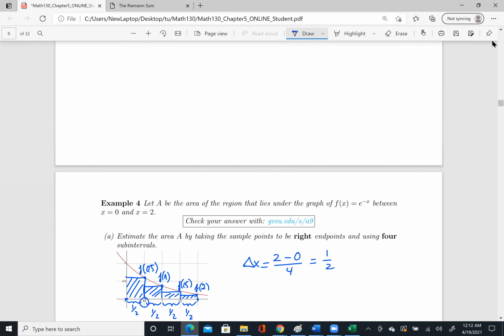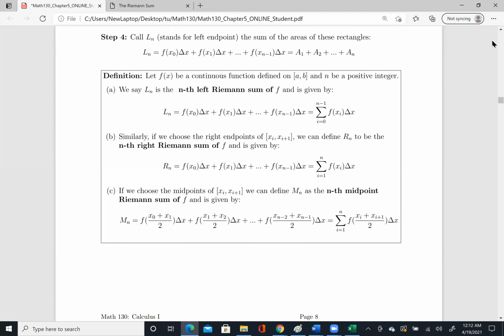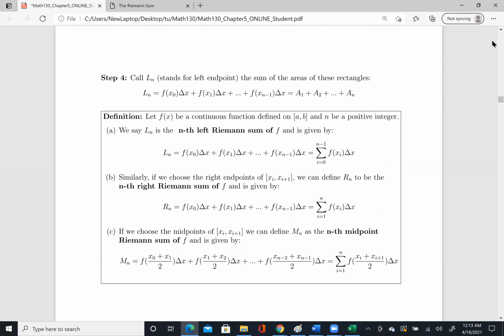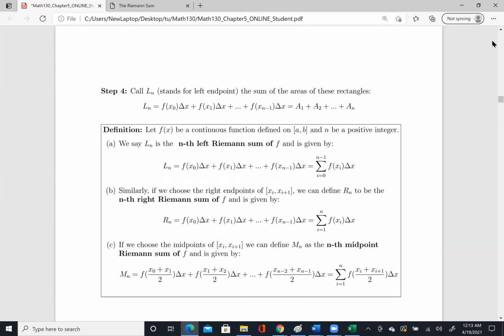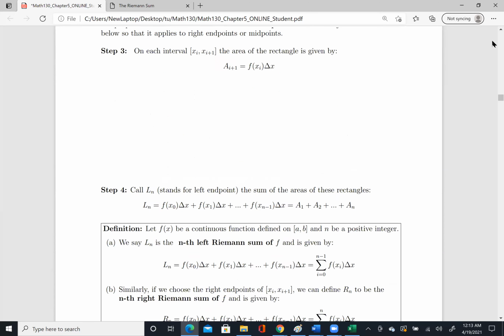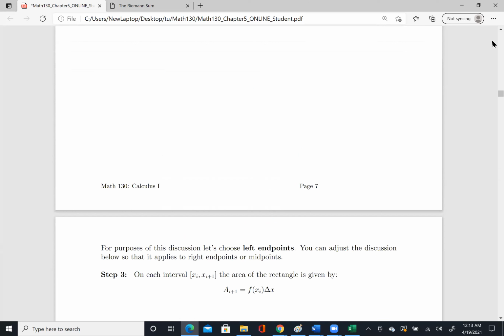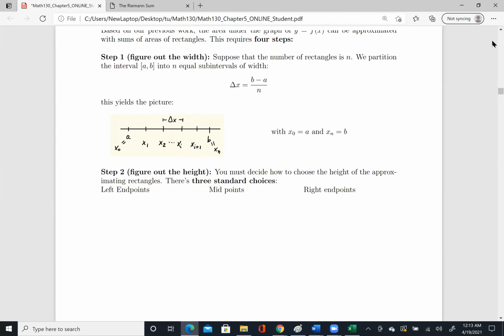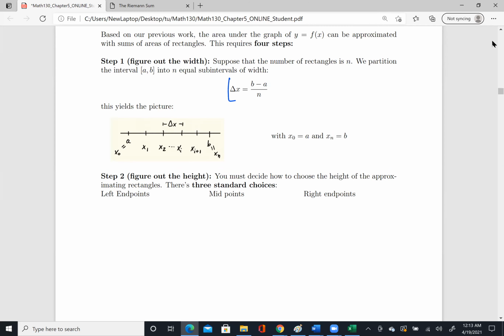Let's go back a little bit. You can see the delta x formula here: delta x is b minus a over n.